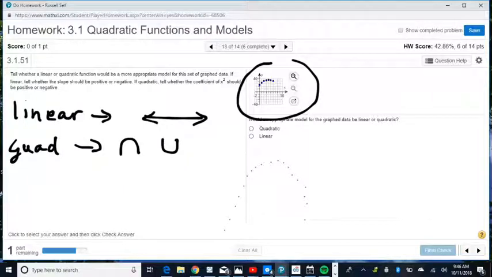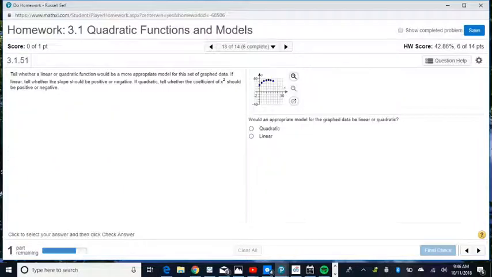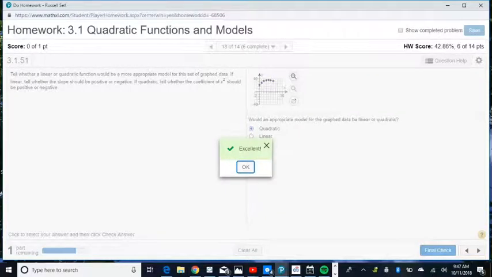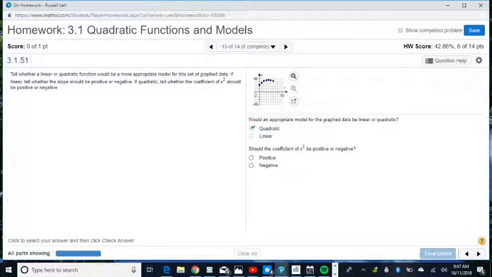So this one looks like a quadratic function because if those dots continued infinitely, you would get a parabola shape. Okay? So let's click on that and see if some of us are right. There you go. Okay, let's look at the next one.